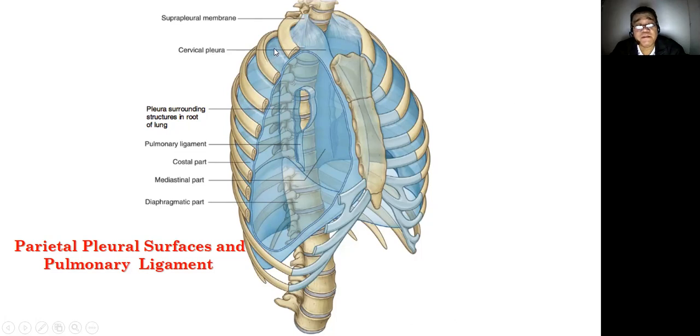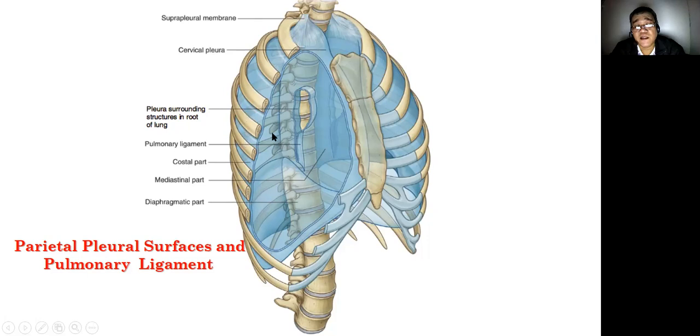The part of the parietal pleura that lines the inner surface of the anterolateral and posterolateral chest wall is known as the costal surface. This one.